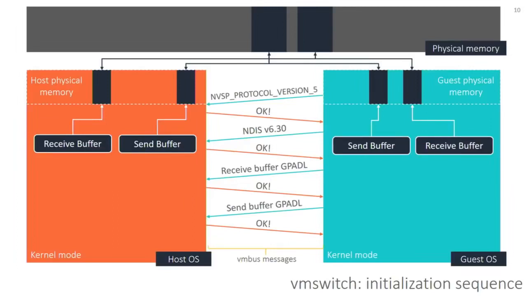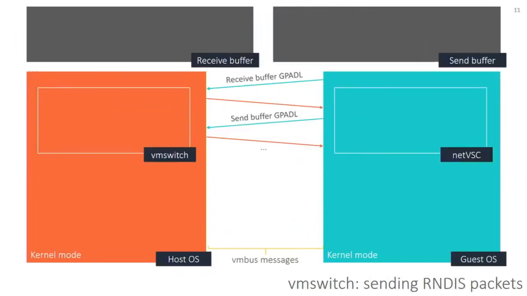The guest sends them over to the host, and then the host and the guest are able to use them as additional communication channels in addition to the VM bus ring buffer, right? The send buffer is going to be used by the guest OS to send RNDIS messages to the host, and I'm pretty sure you can guess what the receive buffer is going to be used for. So that's basically it. Now, going deeper into how the send buffer and the receive buffer work.